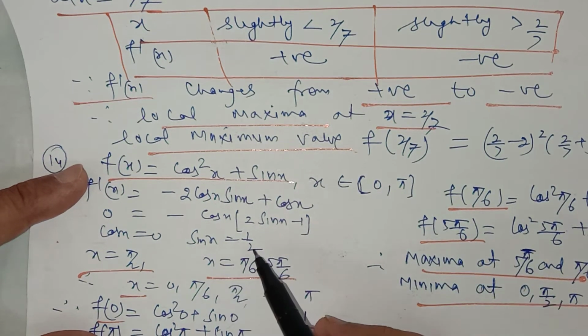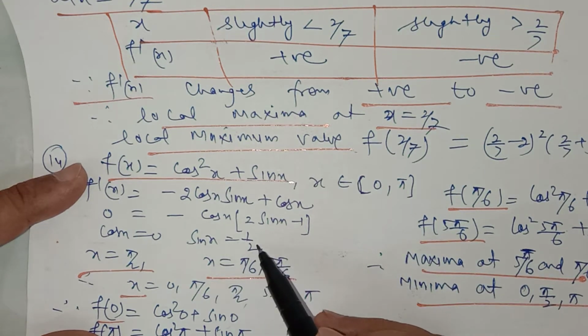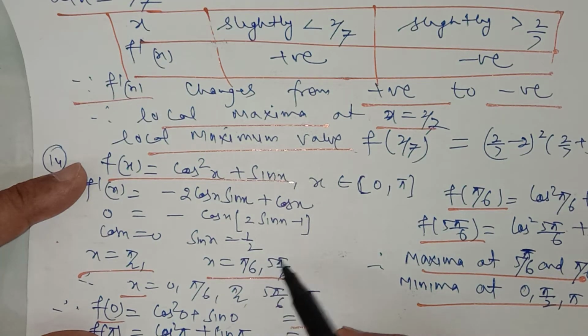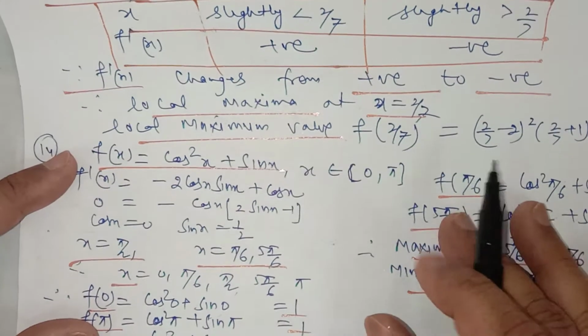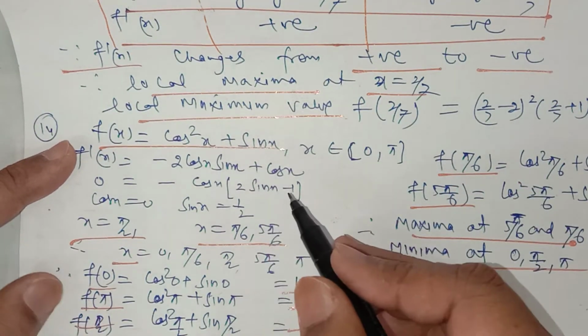Now sin x will be half in the first and the second quadrant. In the first quadrant it is 30 degrees, and in the second quadrant it will be 180 minus 30, that is 150 degrees, which is 5π/6. So these are the angles for which it can have a maxima or minima.